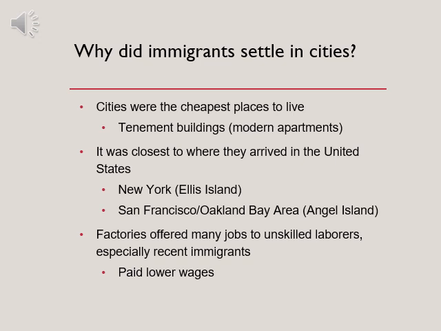And if they were coming from Asia across the Pacific and they came through Angel Island, they typically stayed in the San Francisco or Oakland Bay Area. These factories that were nearby offered many jobs to unskilled laborers, especially recent immigrants. Though they paid lower wages, it was beneficial for both the factory or company owner and the immigrants.